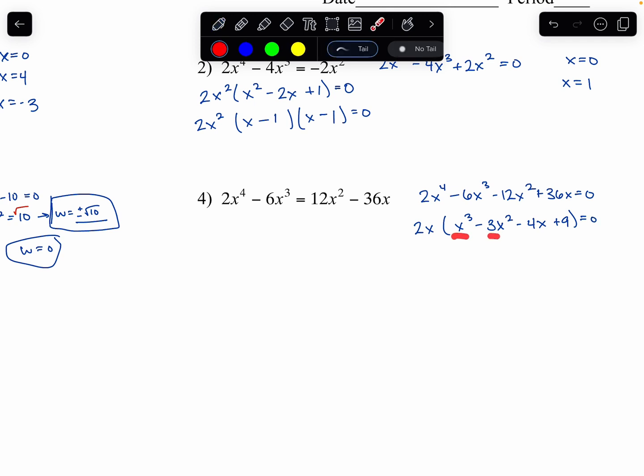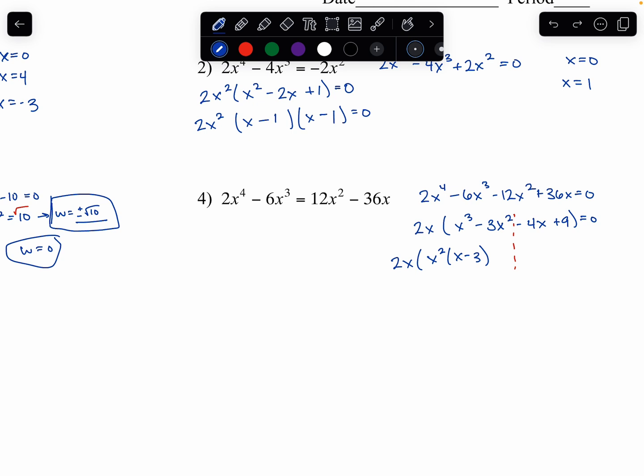And I see 4 terms here, so I'm going to do factor by grouping. So 2x, and I'm going to take out an x squared. I'll be left with x minus 3. And I can take out a negative 4, right? No, I can't take out anything.